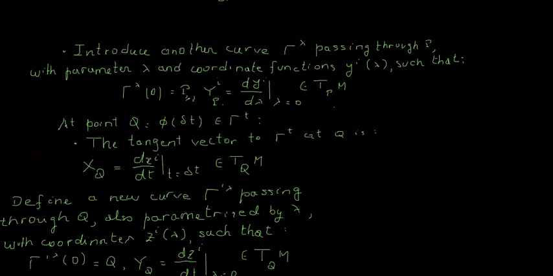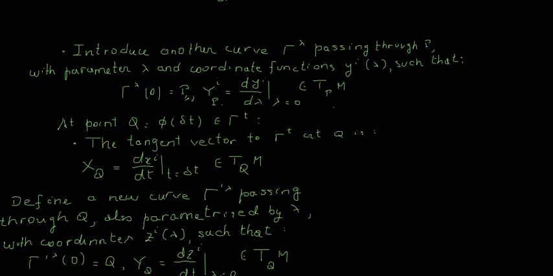Now, at the point Q, you have to create another curve, okay? Gamma lambda remains the same, but in this case the function depends on the tiny increment delta t. So the tangent vector to gamma t at Q, attention now, is, you see, the same curve for P and Q. They are the same curve, gamma t. But at Q now, we have to set another curve.